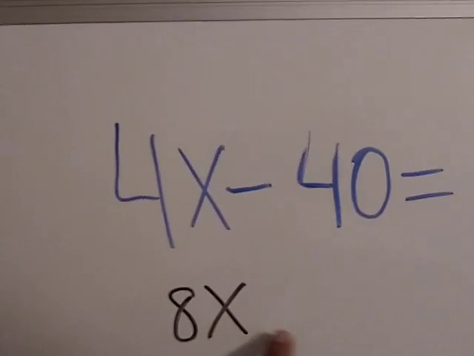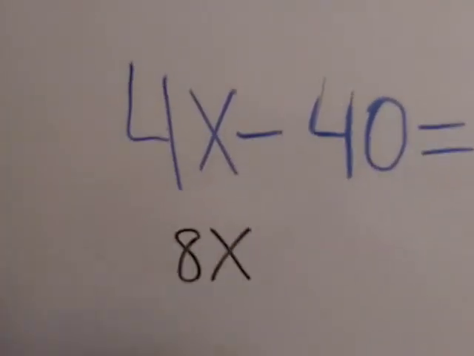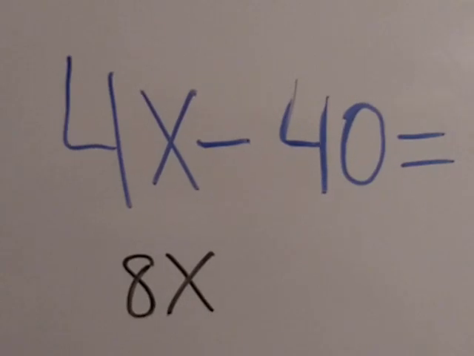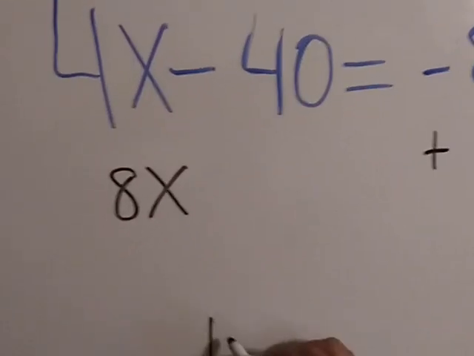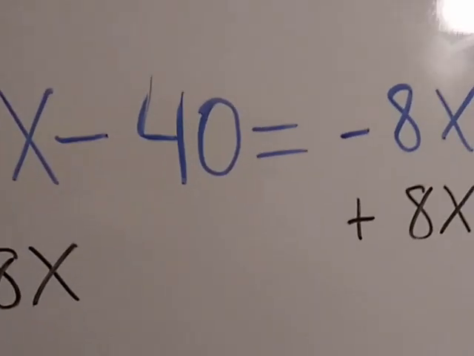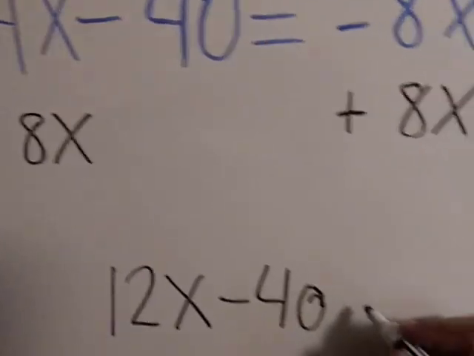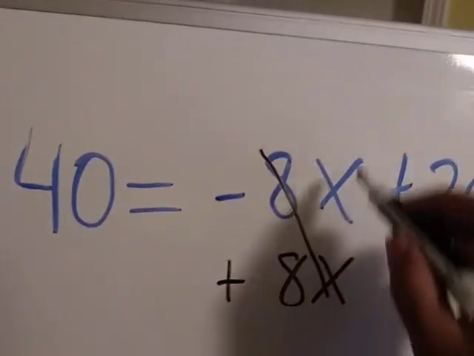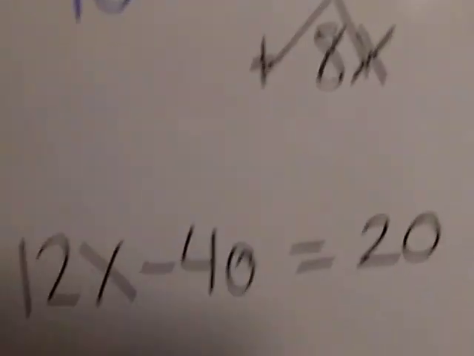In this case, if it doesn't have an exponent, it is automatically implied that it's an x to the first power. So if we combine like terms with the 4x and the 8x, it would give us 12x, and we bring down minus 40. And we said that the negative and the positive here cancel out, so we're left with 20.